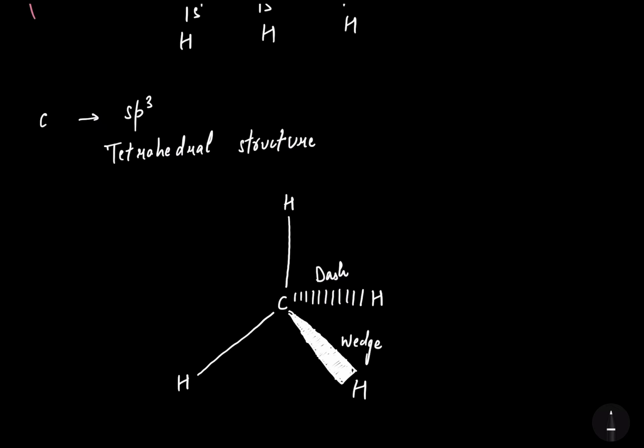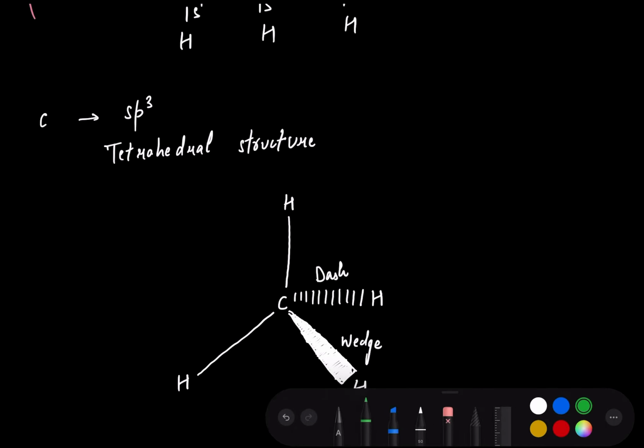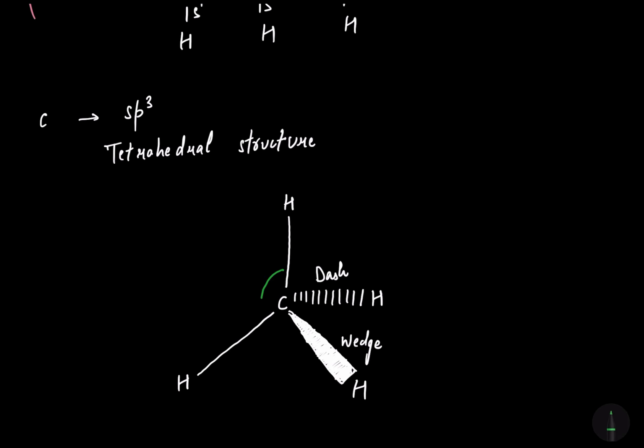So that's our CH4, and the structure is tetrahedral, and here the bond angle is 109 degrees and 28 minutes. All the angles are equal. That's also 109 degrees and 28 minutes.